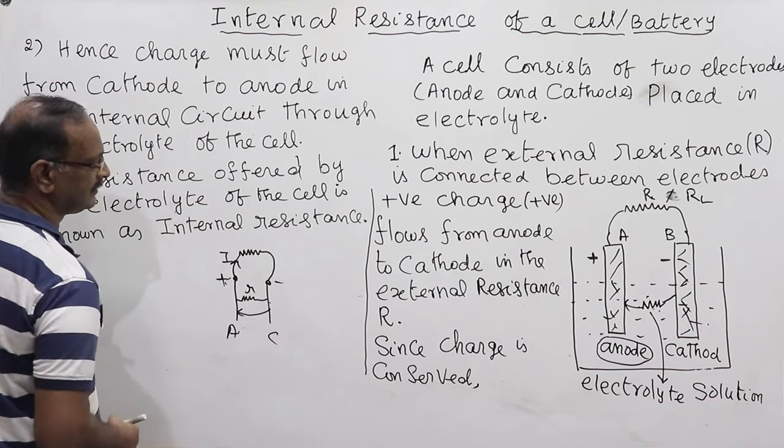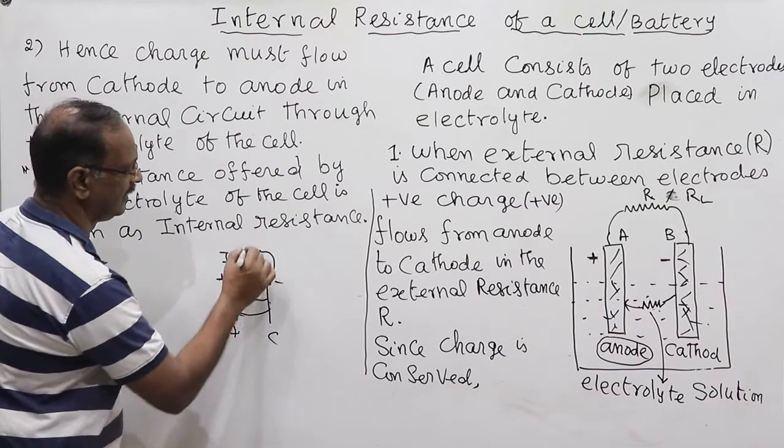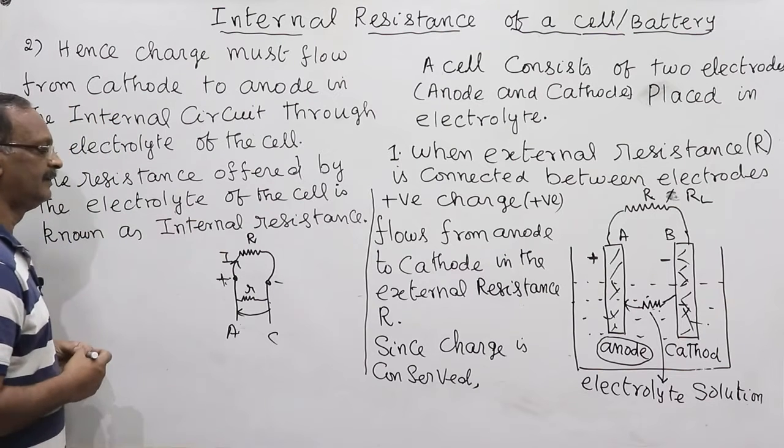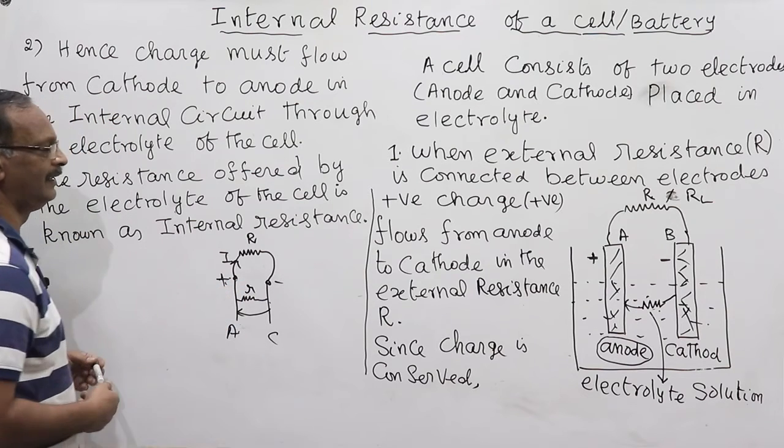So this is the internal resistance. This is the external resistance connected between both the electrodes.